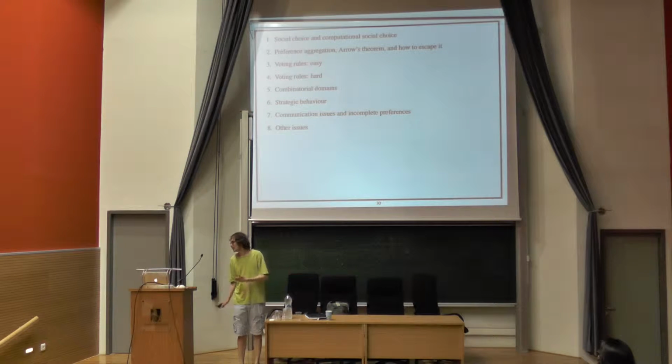Some of you will work in universities, and you will have to make decisions about electing the department chair and the institute committee. You will have to assign offices to people, select students for courses, and hire new people. And so I want you to remember that you should try to use a good voting rule and not a stupid voting rule.